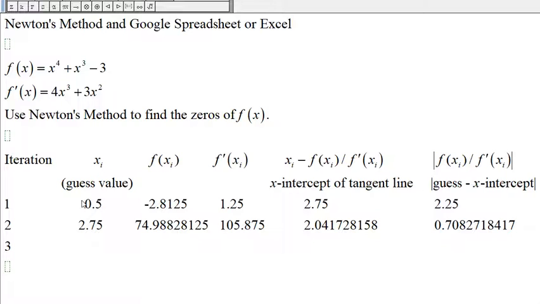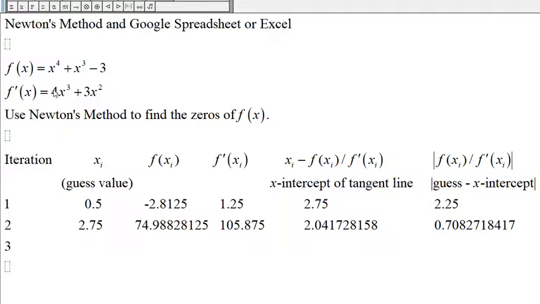And so our guess value, initial guess, is 0.5. And then we need to calculate f of x sub i. So go to this function right here. In the place of x, put 0.5. And if we simplify, it will give us negative 2.8125. And then we need the derivative of f at x sub i.